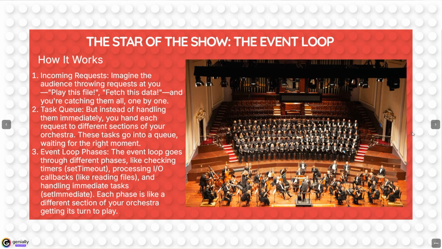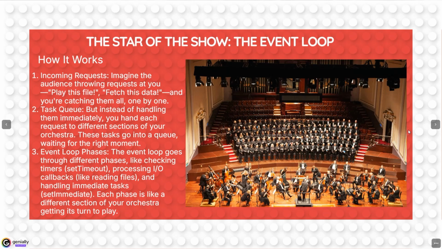So, how does it work? First, incoming requests. Imagine the audience throwing requests at you: play this file, fetch this data, and you are catching them all one by one. Next, task queue. But instead of handling them immediately, you hand each request to different sections of your orchestra.